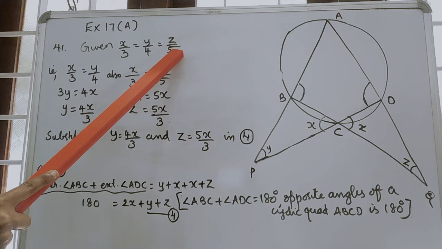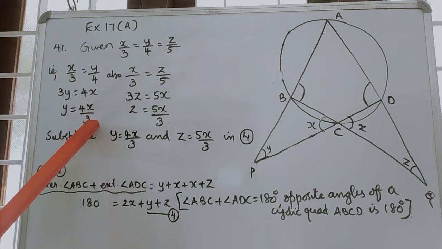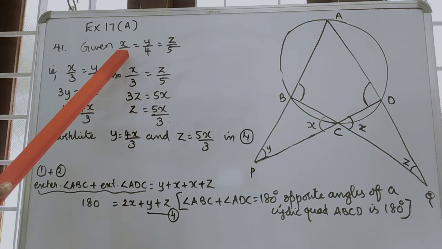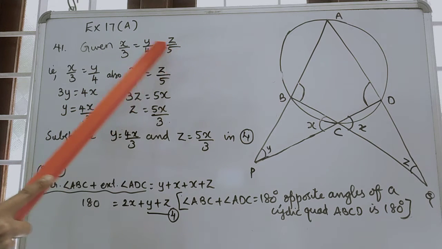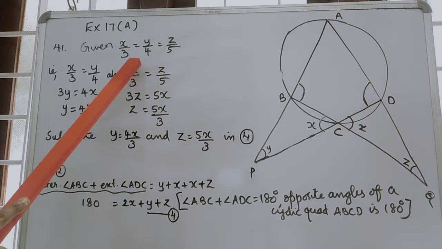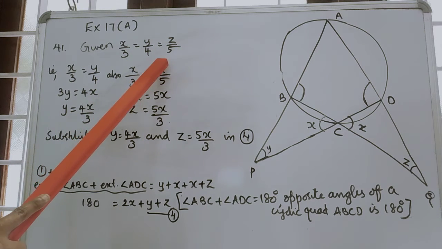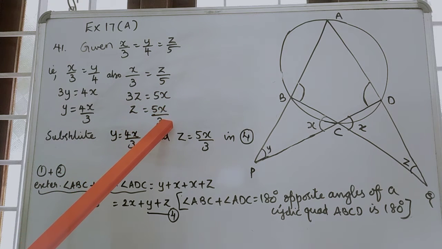Cross multiply, so 3y is equal to 4x. From there we get y is equal to 4x by 3. Also x by 3 is equal to z by 5. Again cross multiply, so 3z is equal to 5x. So z is equal to 5x by 3.